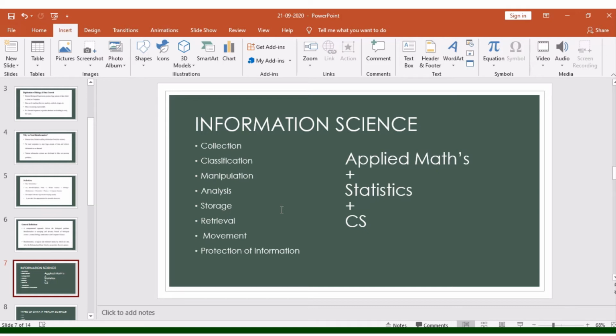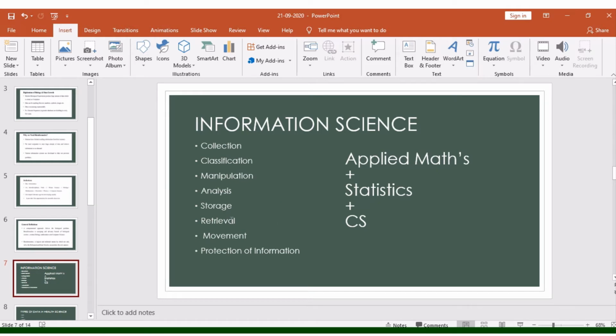Information systems collect the data as per requirements, classify the data, manipulate the data whichever way the users need, analyse the data for future prediction, store and retrieve the data as the users need, and handle movement and protection of data. Protection, in the sense, is the security part.